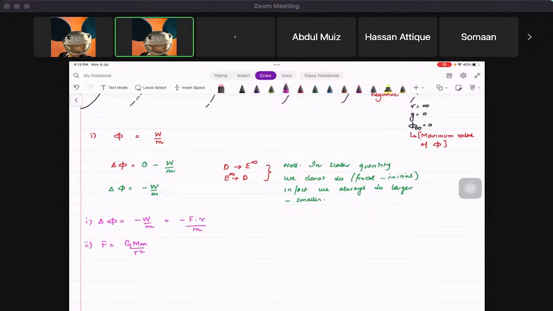So we replace force there, and we get the final form of change in potential as minus GMm over r squared times r upon m. So r and r squared will cancel out, m and m will cancel out. That will leave us with only GM upon r with a minus sign. Everybody understands this?